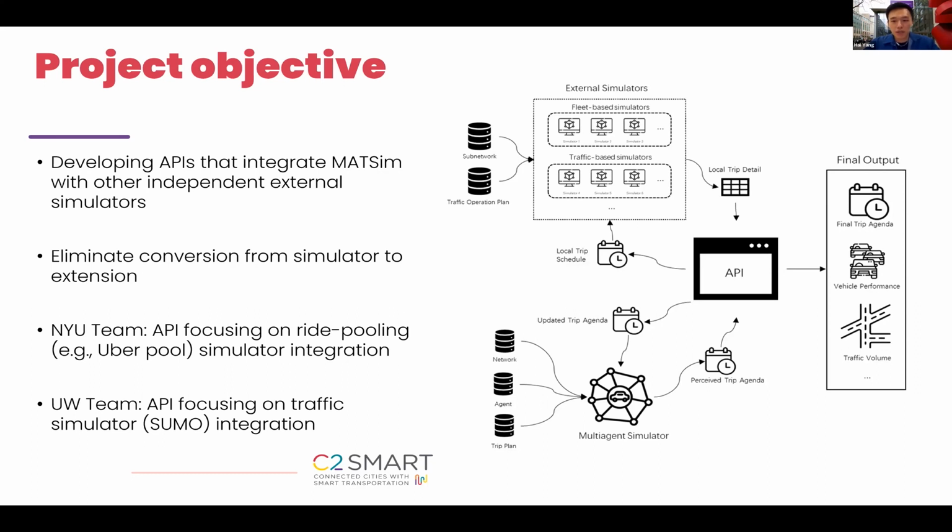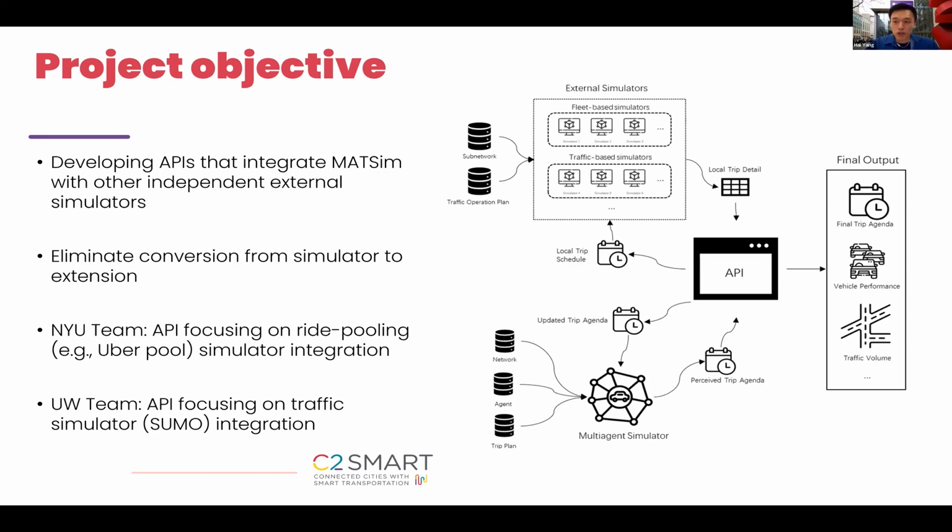So we will use this API to connect the two parts, to translate different information using the API and feed them back to the corresponding parts. In this way, we will make an integrated outcome by combining these simulators, so we don't really need to convert those simulators into added modules or extensions.